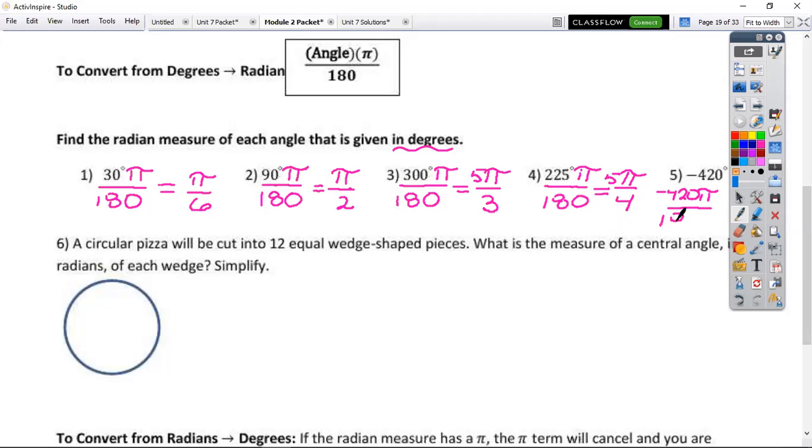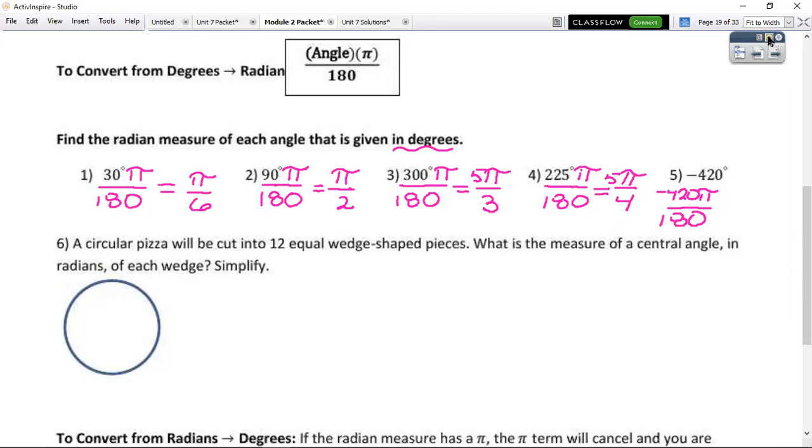Thank you. Negative 7 pi over 3. So that is equal to negative 7 pi over 3. Awesome. So those are your first set of conversions.